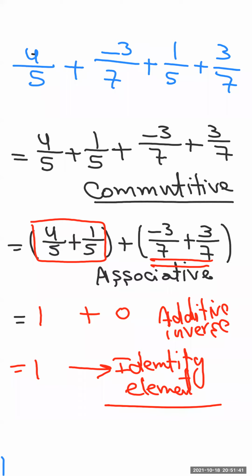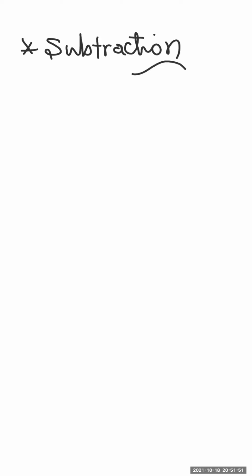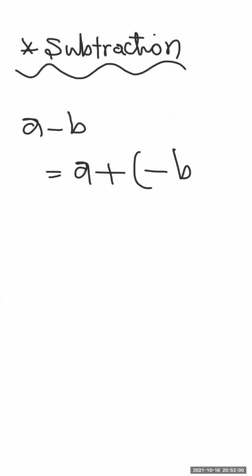Okay, now the next part is about subtraction. Subtraction of two numbers, A minus B, actually means A plus negative B. So the subtraction process means the addition of the number and the additive inverse of the second number, right? 5 minus 3 equals 2.